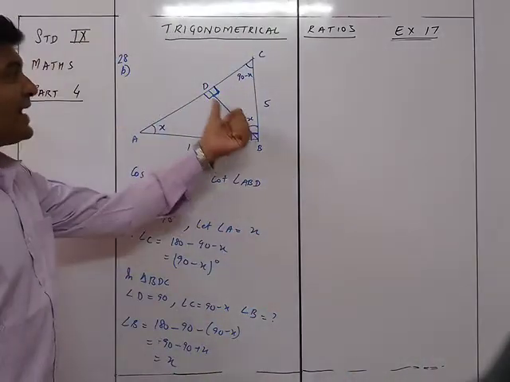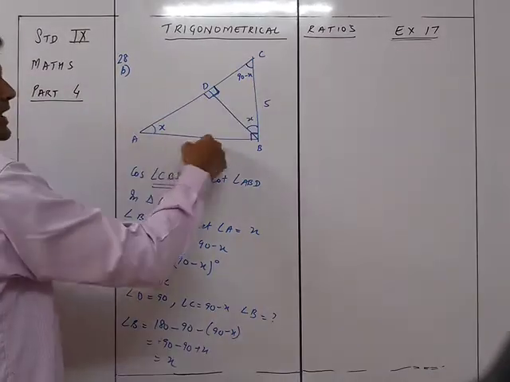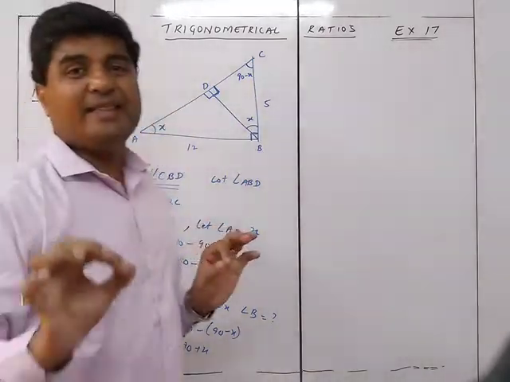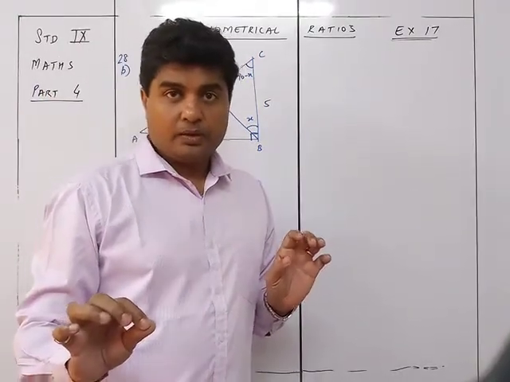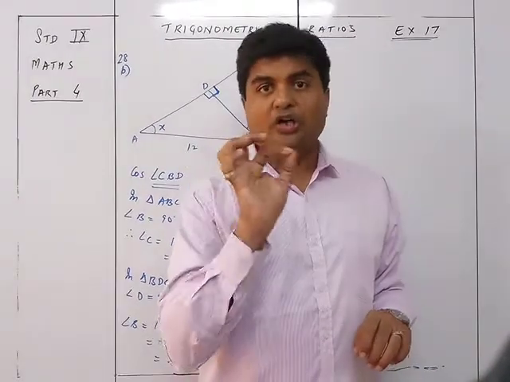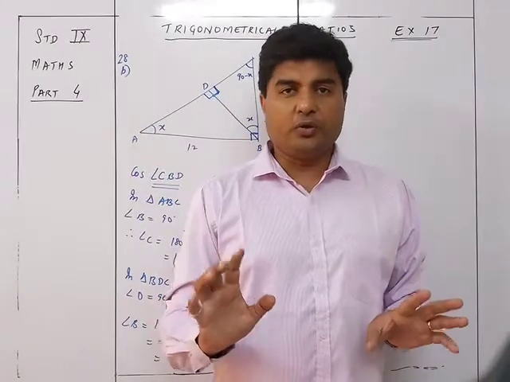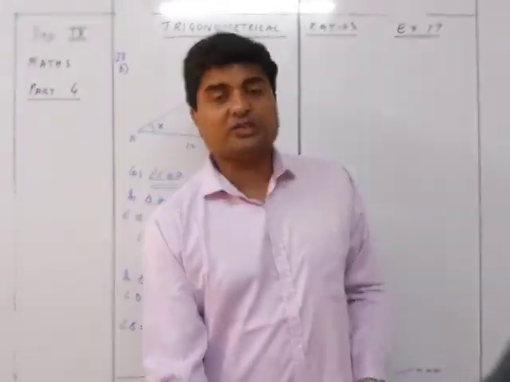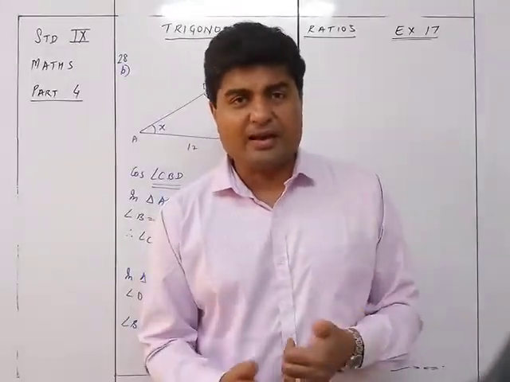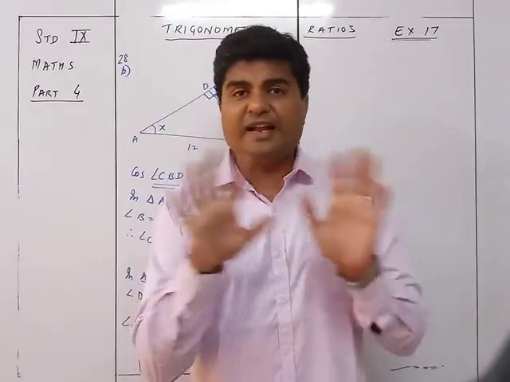So whether I find the value of x inside this triangle as this upon this, or in the bigger triangle as this upon this or this upon this, it's one and the same. Because cos theta has a specific value, cos 30 has a specific value. Whether the triangle is small or big, the value of cos theta, cos 30, cos 25, cos 19, any cos or sin or tan, these are standard values, so they never change.